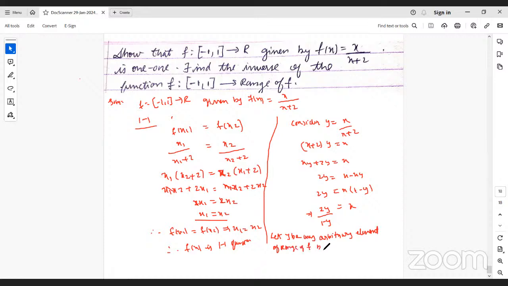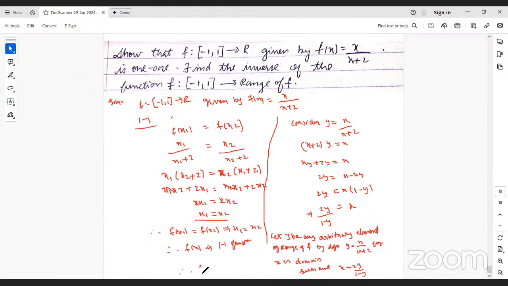By definition, y is equal to x upon x plus 2 for some x in the domain, such that x is equal to 2y upon 1 minus y. So we have shown it is onto.